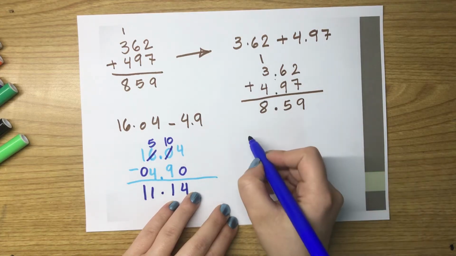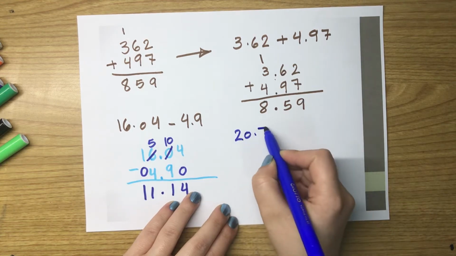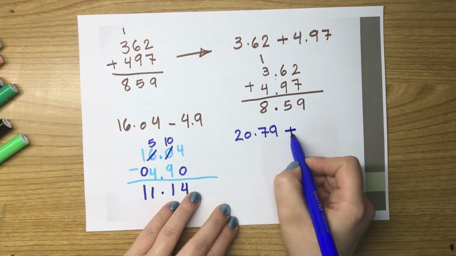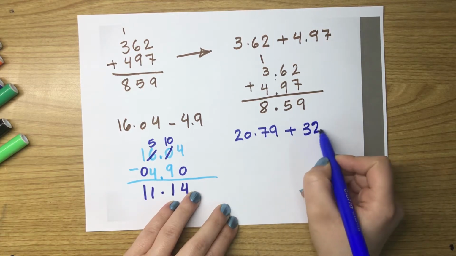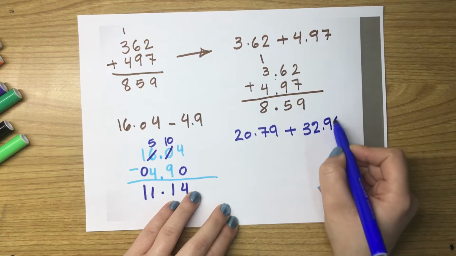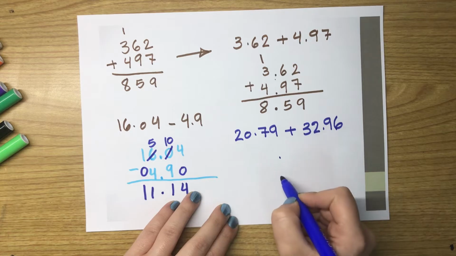Same thing for adding. Let's take an example such as 20.79 added to 32.96. Okay, put the decimal points upon each other.